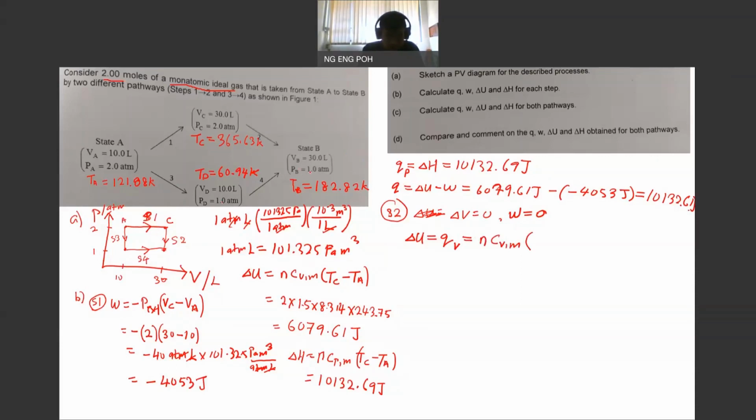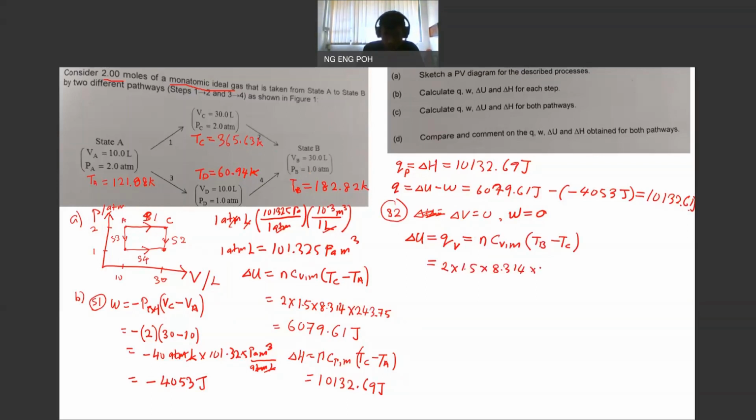This is the TB. So this will be TB minus TC. N is 2 times 1.5 times 8.314 times TB minus TC, which is 182.82 minus 365.63.